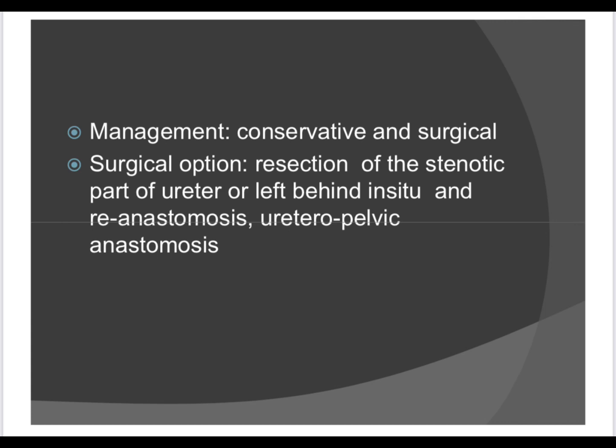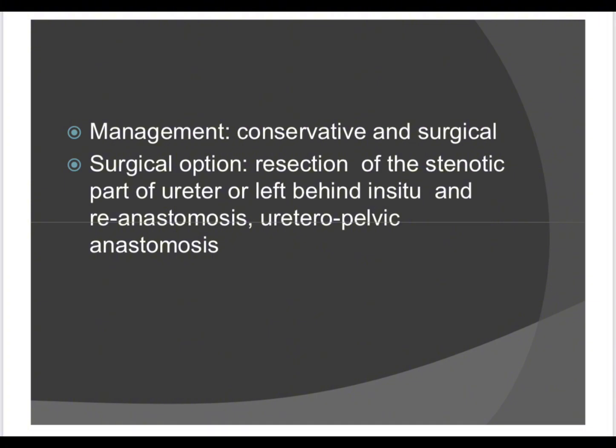Now, how to operate, or what are the surgical options? We can resect that stenotic part of the ureter, or we can just leave that behind if we are unable to resect that portion, and then we will just re-anastomose the ureter, or we can also go for ureteropelvic anastomosis.